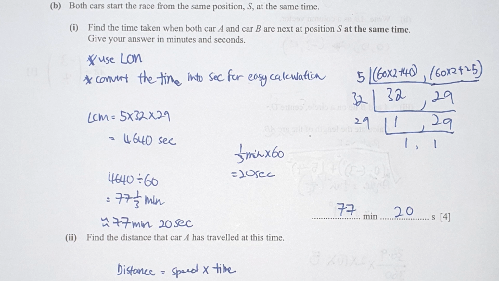For the next one, 2 minutes and 25 seconds should be 145. I divide them by 5, divide them by 32, and divide them by 29. The LCM is actually 4,640 seconds. So divided by 60, you get 77 minutes and 20 seconds, which is when car A and car B are next to each other.